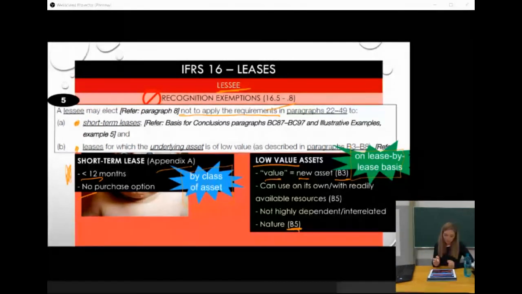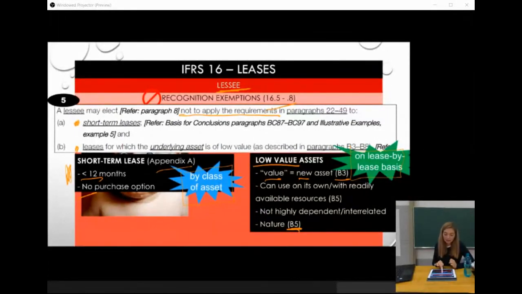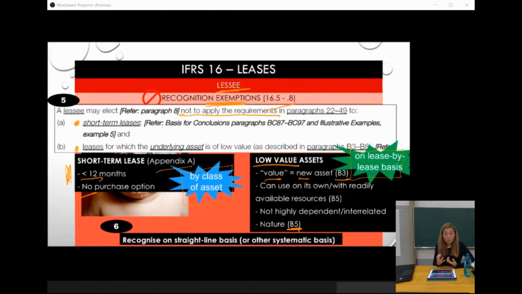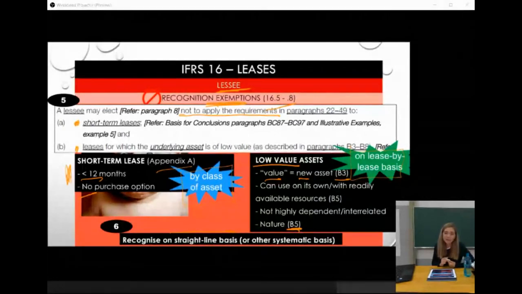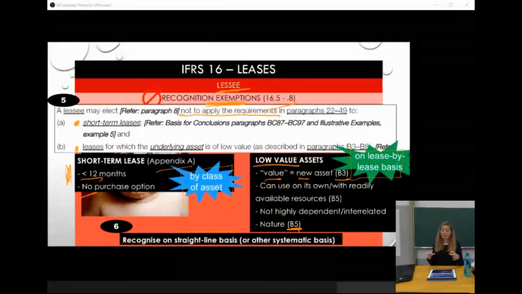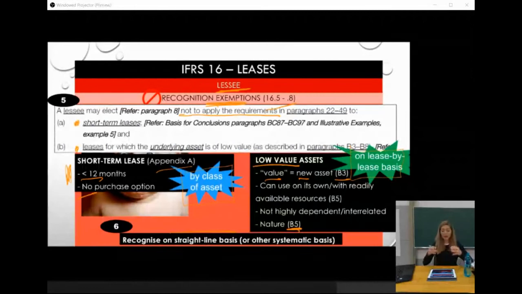Then if we choose the recognition exemption, how do we recognize this lease? We'll recognize it on a straight line basis or any other systematic basis. So if our lease payments for the first few years are going to be very low, but then they increase, like a gym contract, they catch you with that: the first few months you pay almost nothing, and then after six months it's big amounts.